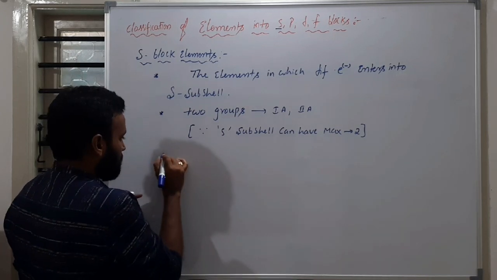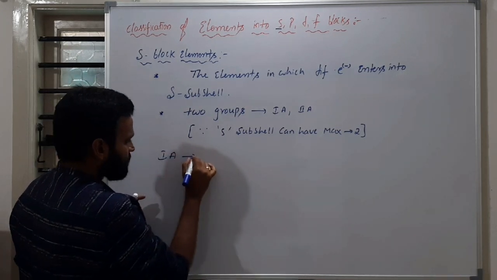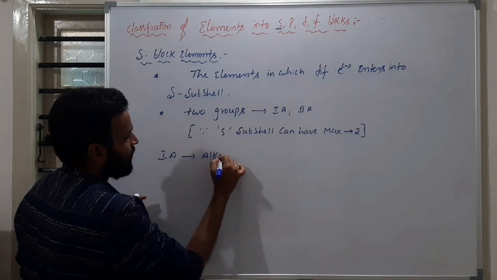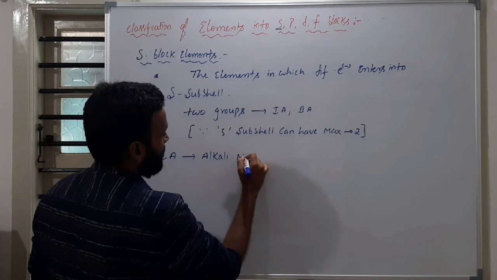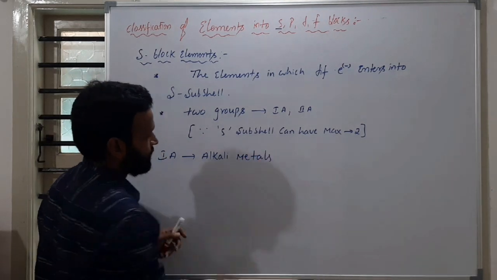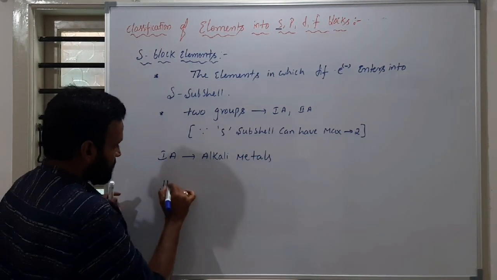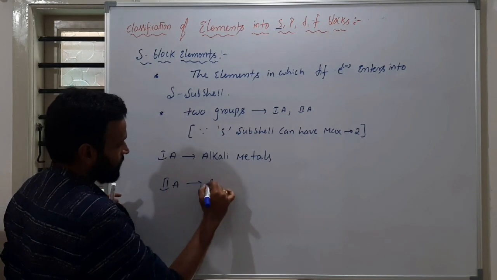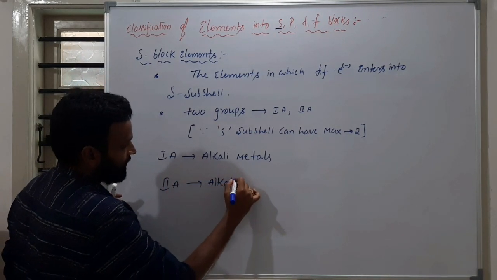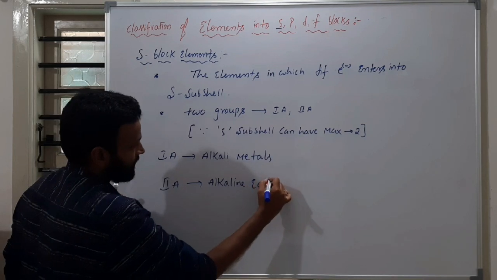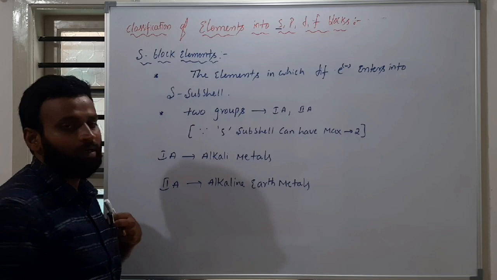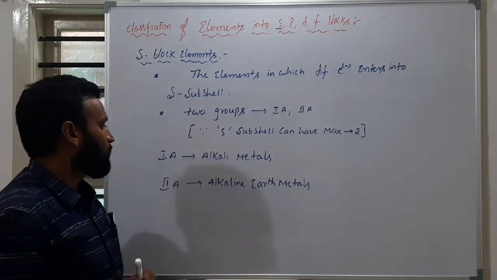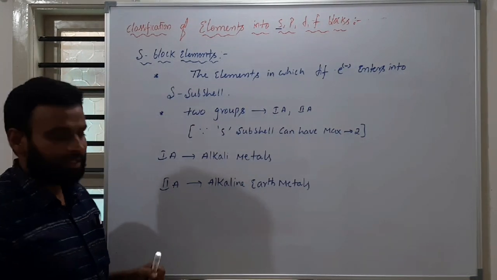What are the 1A group elements? 1A group elements are called alkali metals. 2A group elements are called alkaline earth metals. So 1A group elements means alkali metals, 2A group elements means alkaline earth metals.